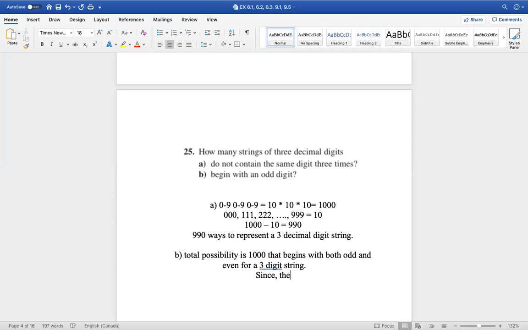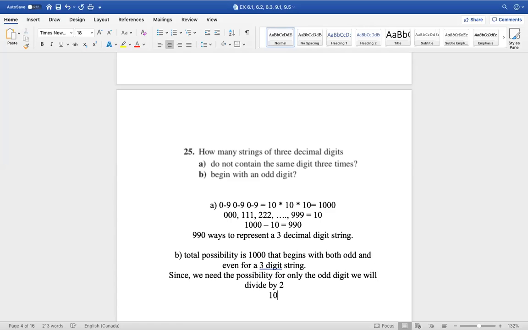Since we need the possibility for only the odd digit, we will divide by 2.